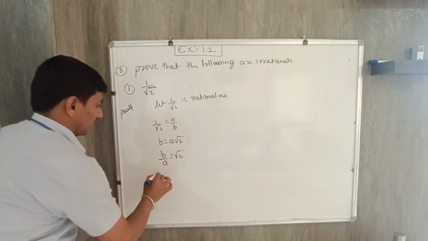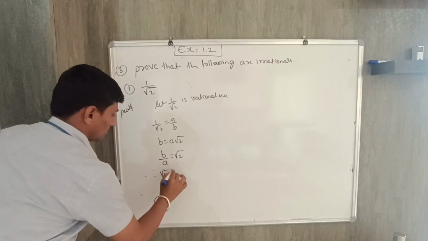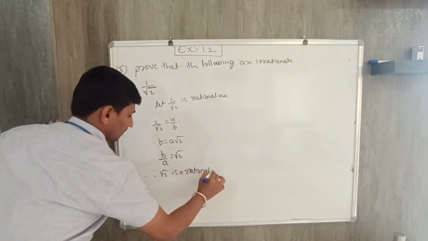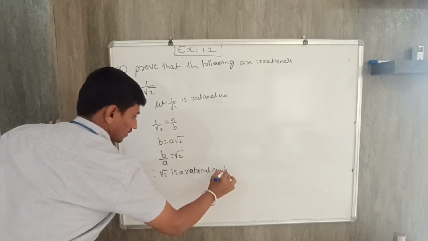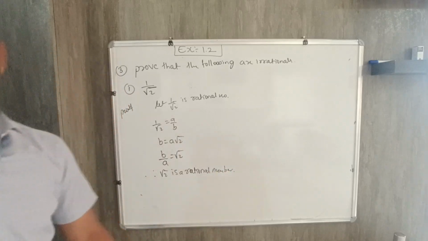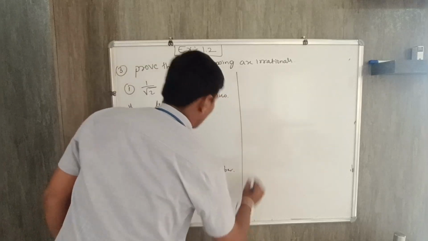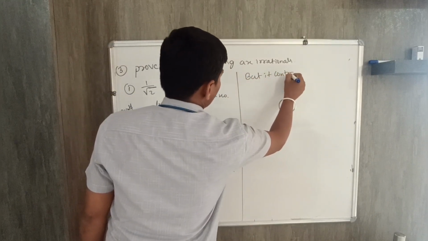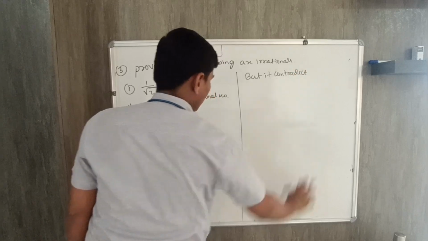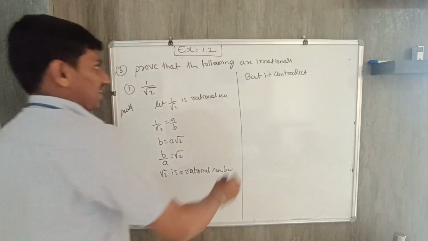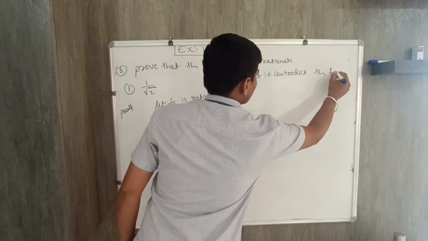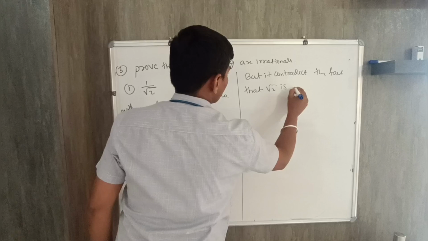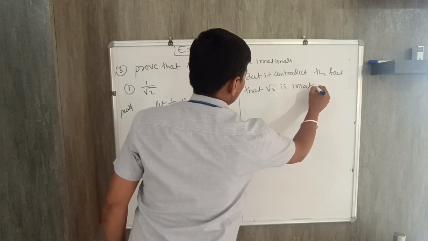Okay. So therefore, root 2 is a rational number, but it contradicts what? It contradicts the fact that root 2 is irrational.